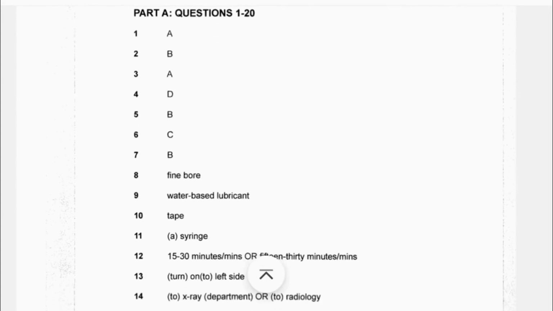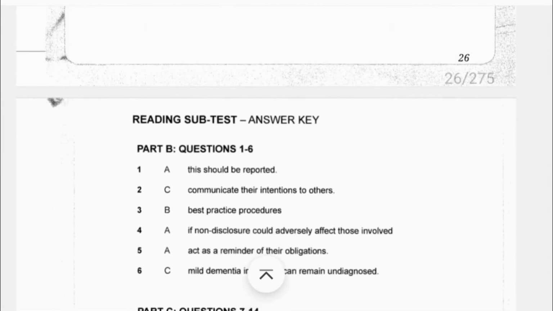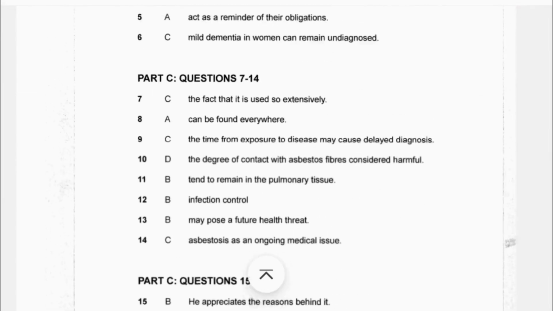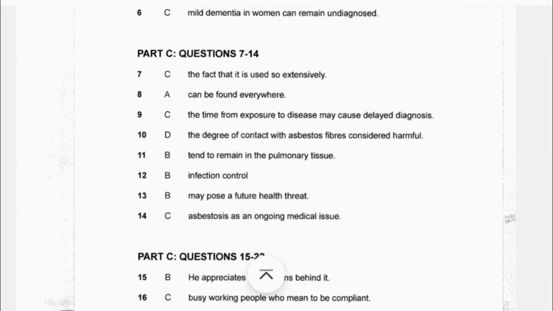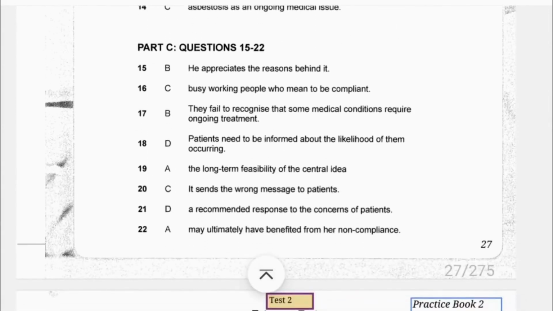Here are the answers for part A till question number 14. For part B, for part C, text 1, and then for part C, text number 2.